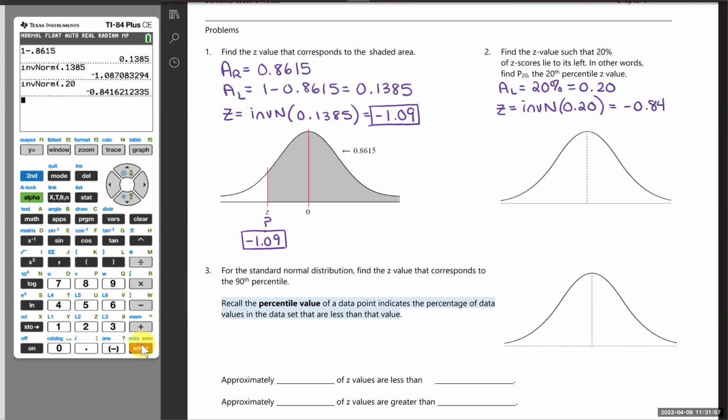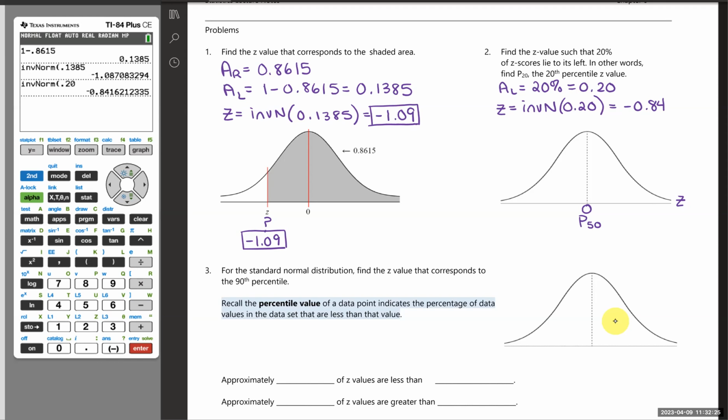Okay, so let's discuss this answer relative to the definition of percentile. All right, so I'm going to label my axis here. So we're looking at z-scores. We know the mean is 0. And we know that for these symmetric distributions, that would be the 50th percentile. So 50th percentile would be in the middle because 50% of data is to the left of it. And also 50% then would be to the right of it.